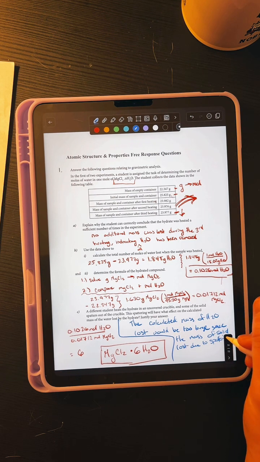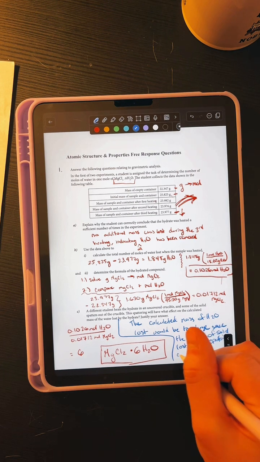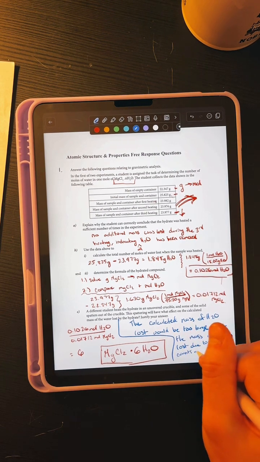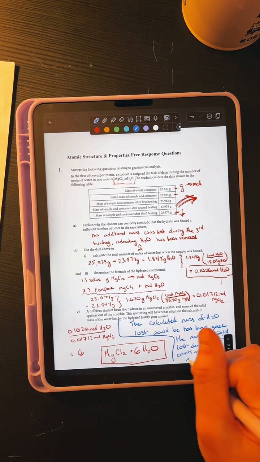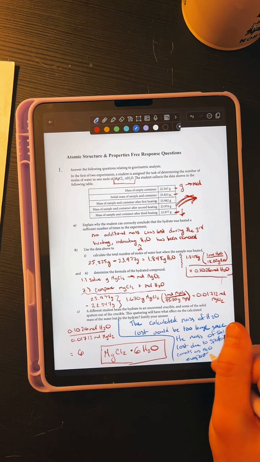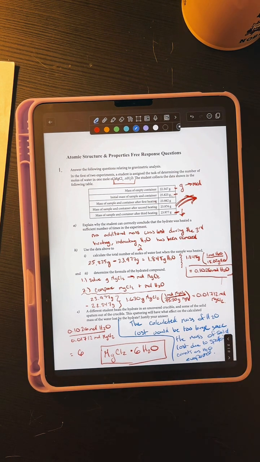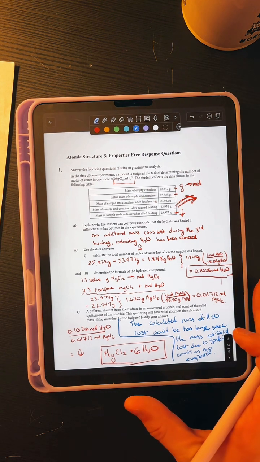Spattering counts as H2O evaporated. There we go. Beautiful.